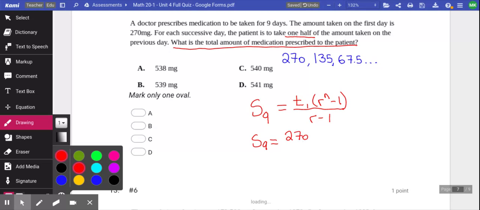That's 270. R is half, which is 0.5. N is there's 9 days total of medicine. Minus 1 divided by R minus 1, which is 0.5 minus 1. If you throw this whole thing in your calculator, which I'm going to do right now, I go 270 bracket 0.5 to the power of 9 minus 1 divided by 0.5 minus 1.